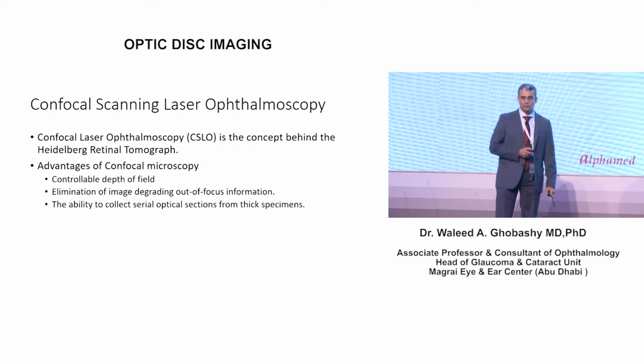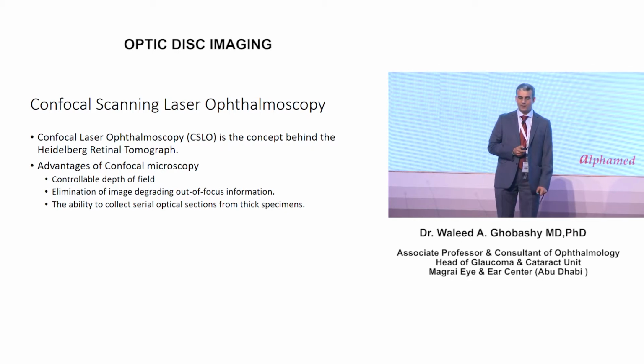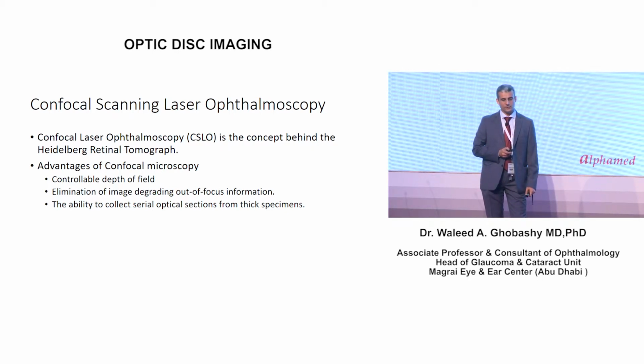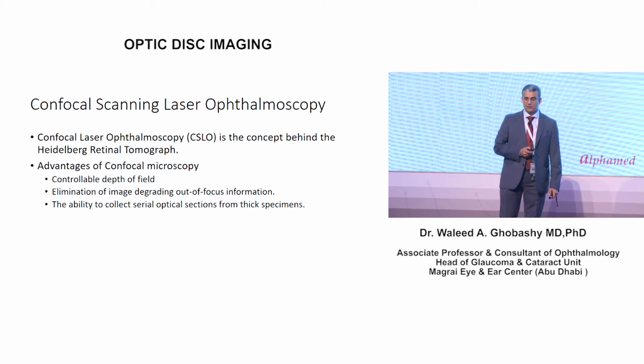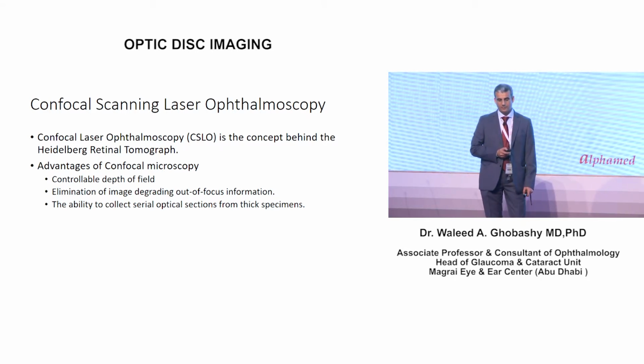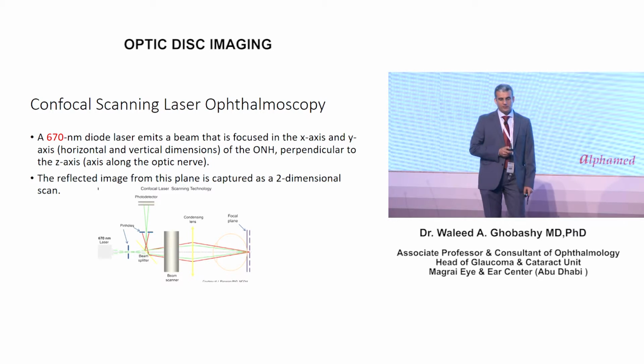Starting with confocal scanning laser ophthalmoscopy, this is the concept behind the Heidelberg retinal tomograph. It has a lot of advantages and is almost now used as a gold standard for the evaluation. It has a controllable depth of field, elimination of image-degrading out-of-focus information, and the ability to collect serial optical sections.